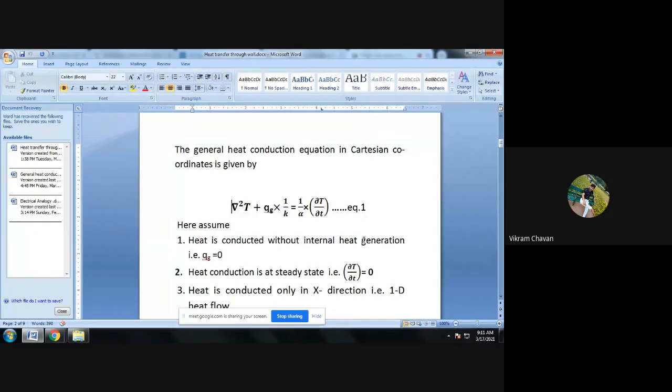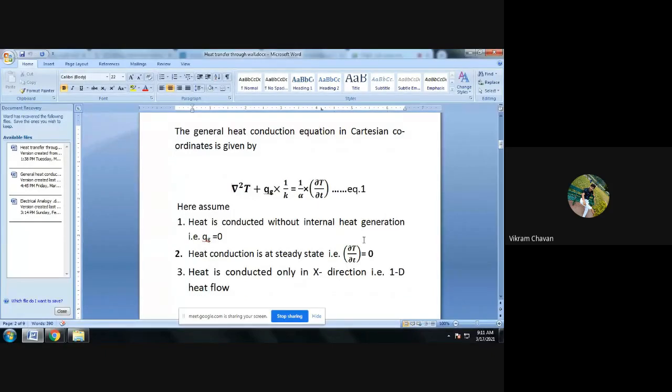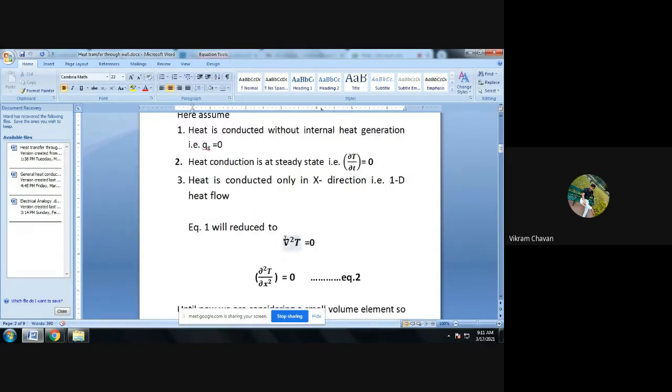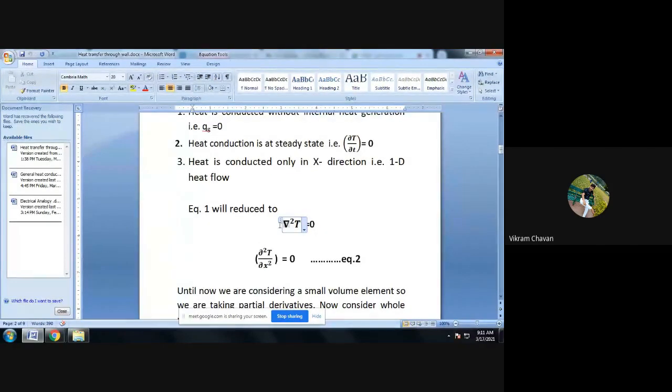Now here we have applied some assumptions. Assumption number 1 is that there is no internal heat generation, that is, the wall is not generating any kind of heat. Then the heat conduction is steady state, and the heat flow is unidirectional, flowing only in the x direction. After applying these assumptions on this equation, we get del square T is equal to 0. In that, del square is the vector operator for x, y, z direction, which suggests that the temperature is changing with respect to x, y, z.